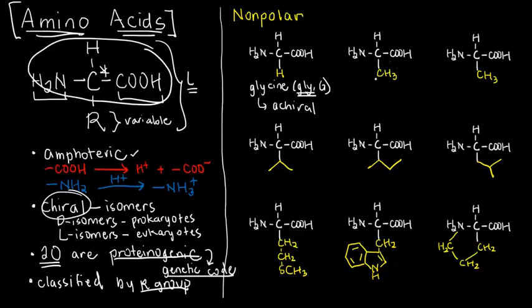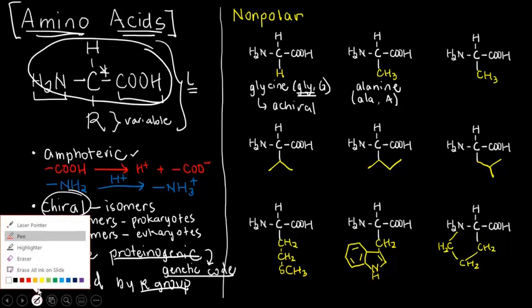Next, if we have a methyl group as the R group, the name of this amino acid is alanine. 3 letters ALA, 1 letter A. Simple as that. Then here, this is intentional. As you see, another methyl group is present. So this would have been alanine.